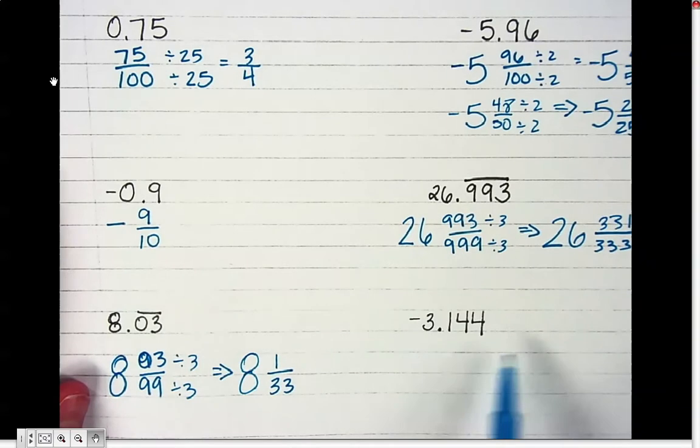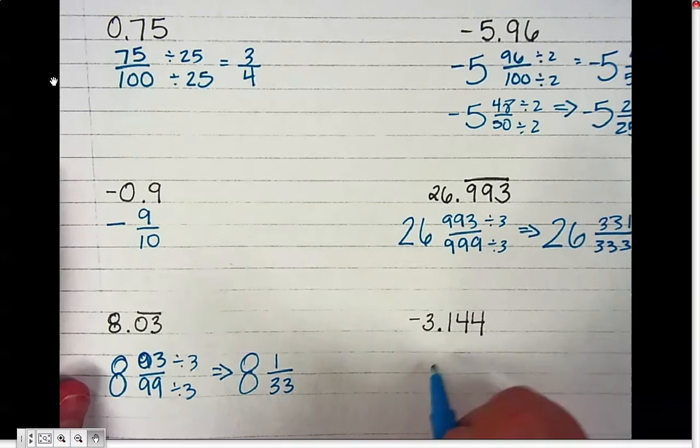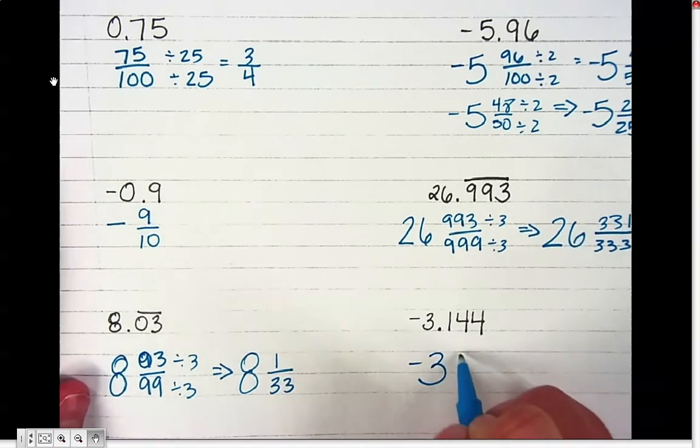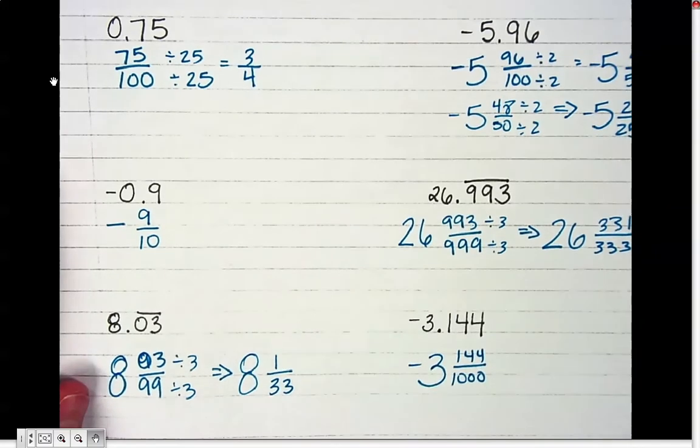My last one, -3 and 144 thousandths. This one has no repeating bar, so this is not going to repeat. And as I said, the denominator needs to be 1,000. So, -3 and 144 over 1,000.